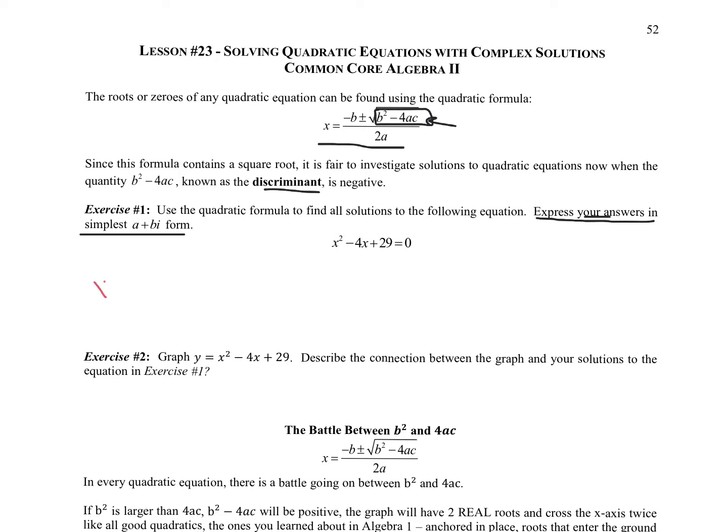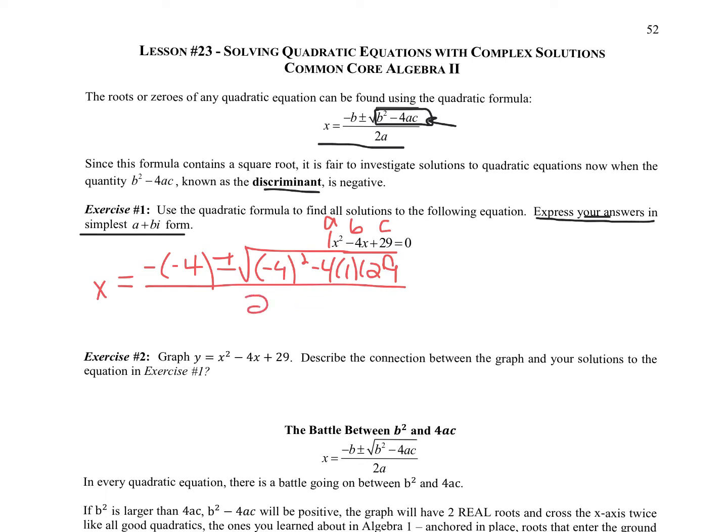So we're going to plug those numbers into the quadratic formula. We have negative 4, because our b value is negative 4. Just label these. Plus or minus the square root of negative 4 squared minus 4 times 1 times 29. That's going to be all over 2 times 1.